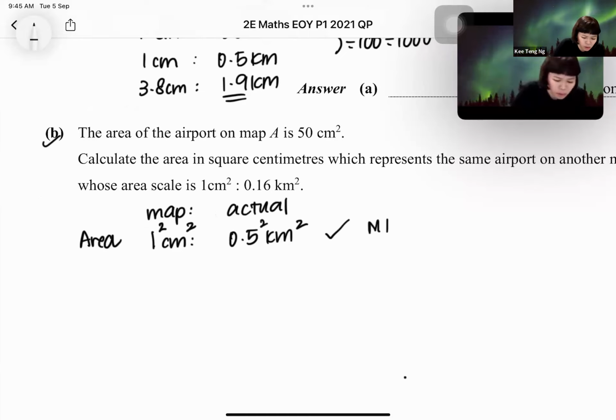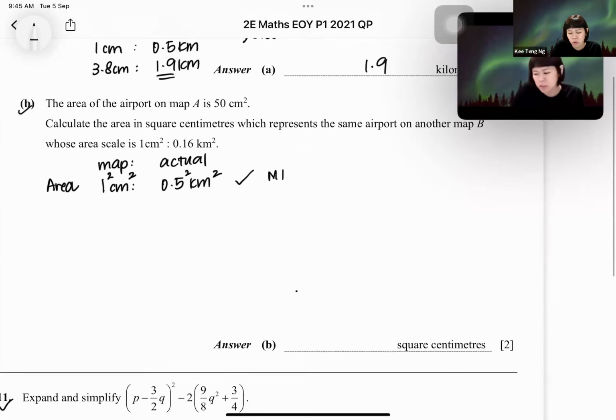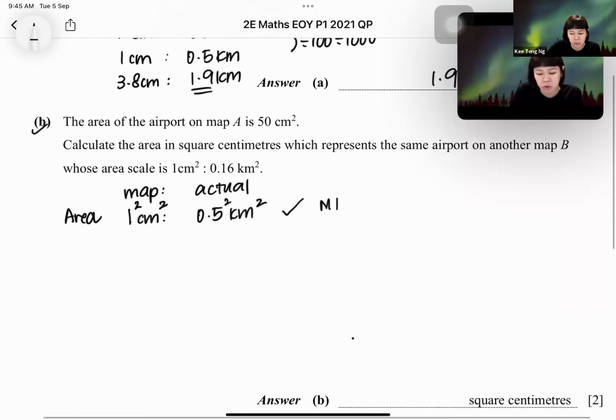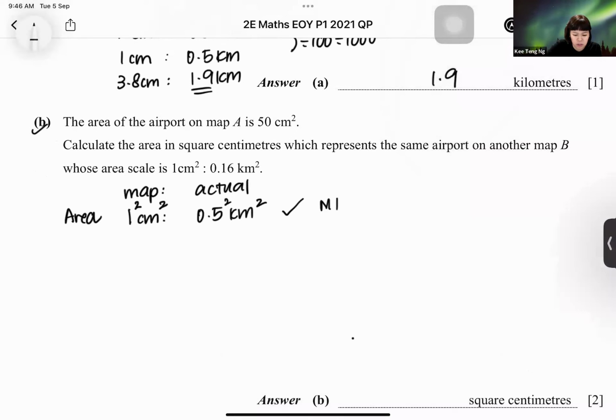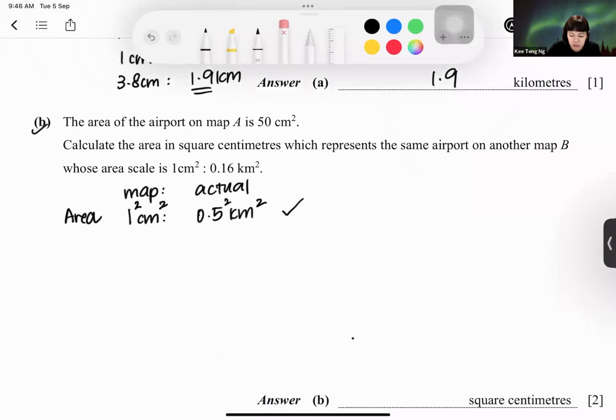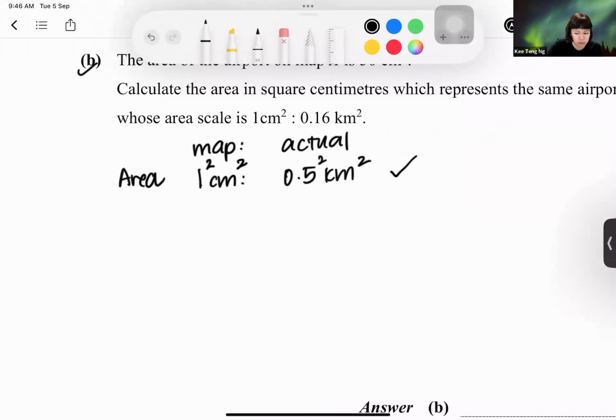Wait, let me see this one. Oh, this one here maybe won't have 1 method mark, because the question is 2 marks. I think the teacher might be stingy. You may not get your 1 mark as per normal down here. But anyway, this is 1 cm square, 0.5 squared will be 0.25 kilometers square.